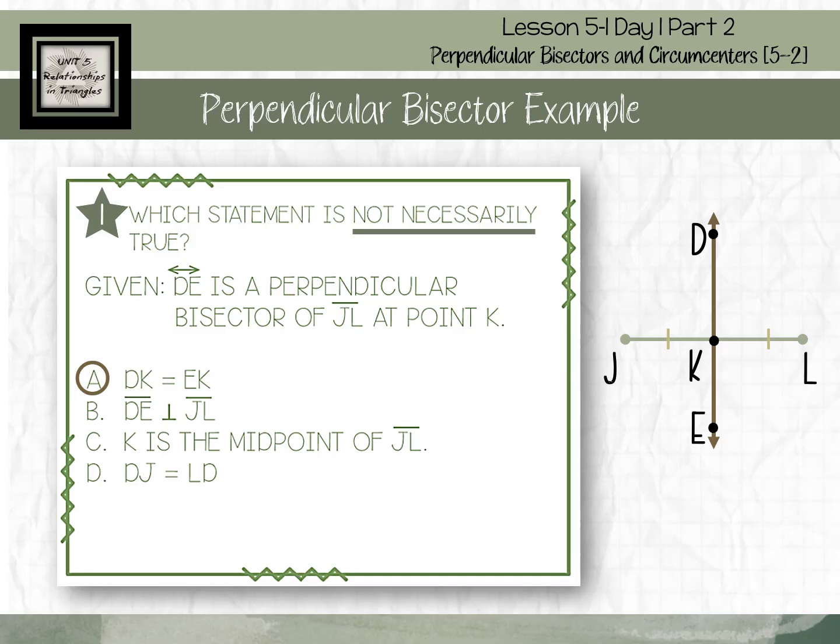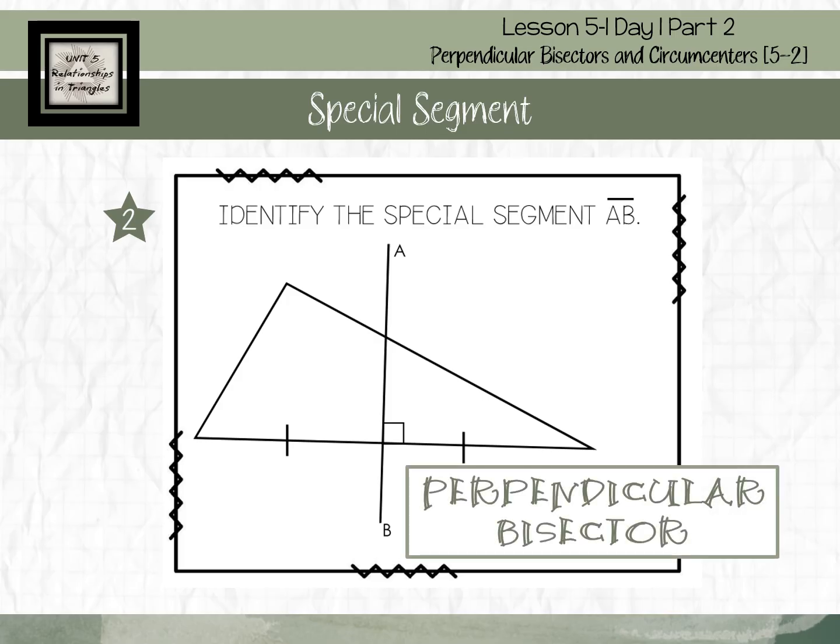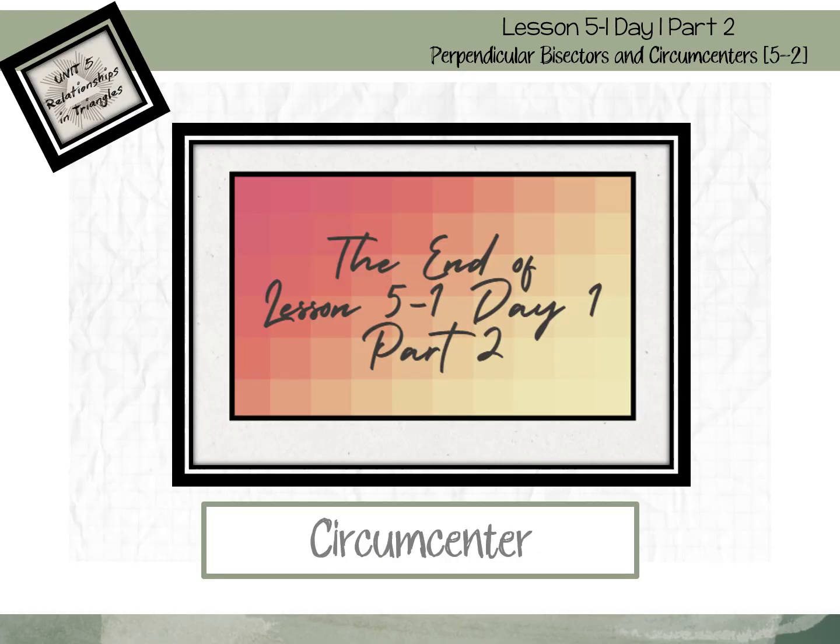And due to the perpendicular bisector theorem, length of segment DJ would be equal to the length of segment LD. Identify the special segment, segment AB. That looks to me like a perpendicular bisector. We are now at the end of part 2.